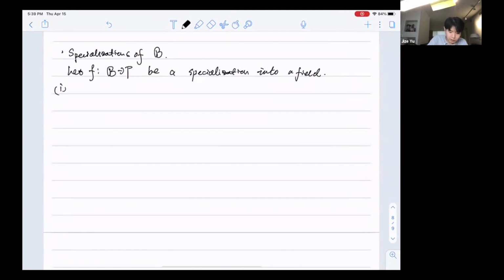So first of all, if the characteristic of the target field equals 0, then in this case we know this map from B to gamma essentially. Sorry, let's do characteristic p first.